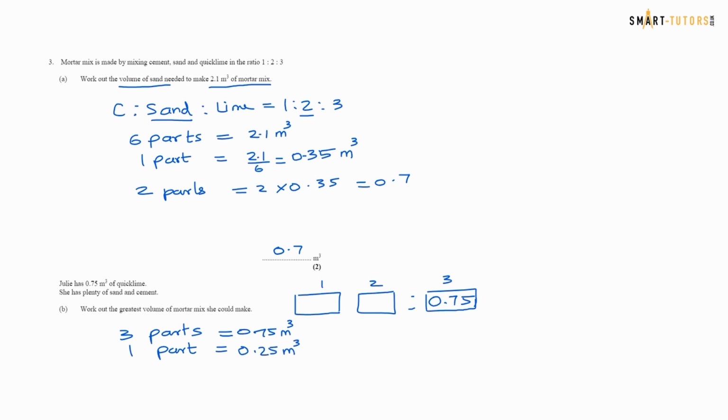So the greatest volume of the mortar mix is the total parts. 3 plus 2 is 5, 5 plus 1 is 6. So 6 parts, you can multiply by 6 or double the 0.75, which is going to be 1.5 meter cube.